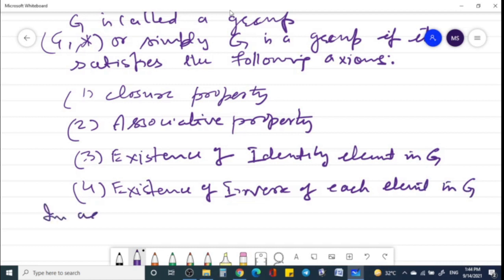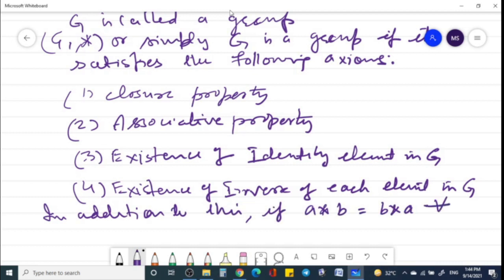In addition to this, if a star b equals b star a for all a, b belongs to G, then G is called a commutative group.